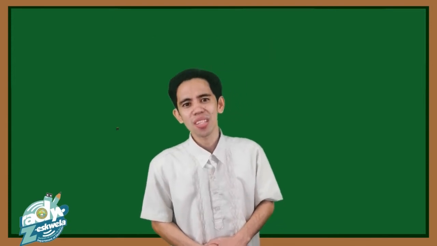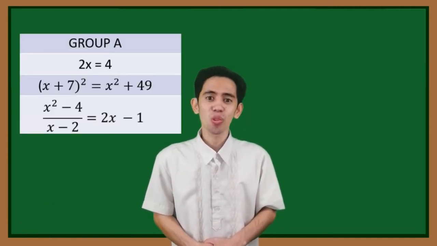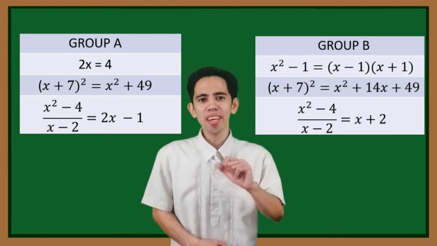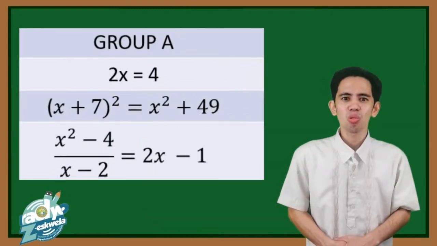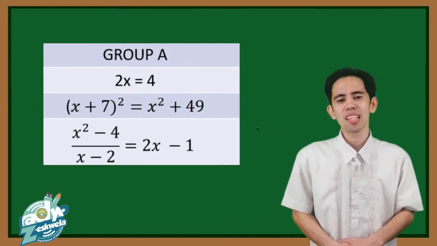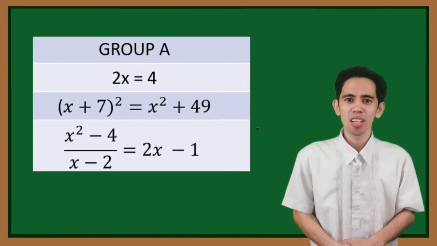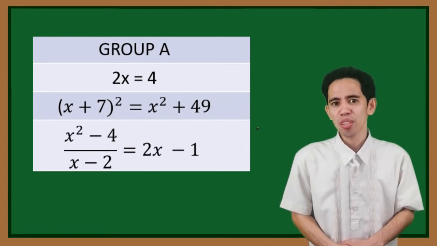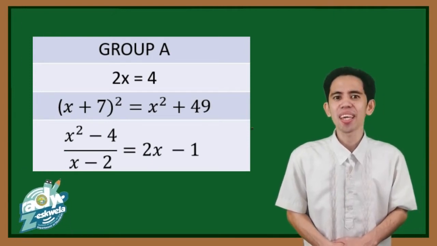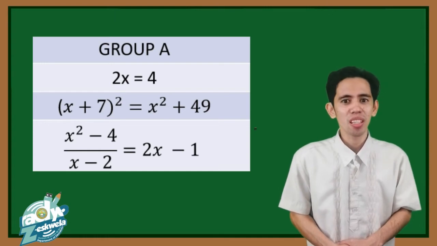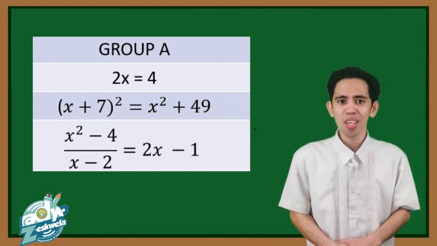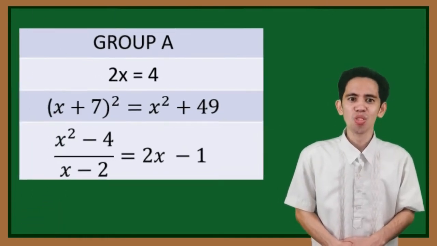As examples, we have to consider these two groups of equations, group A and group B. For group A, we have 2x is equal to 4, then (x plus 7) squared is equal to x squared plus 49, and x squared over x minus 2 is equal to 2x minus 1.